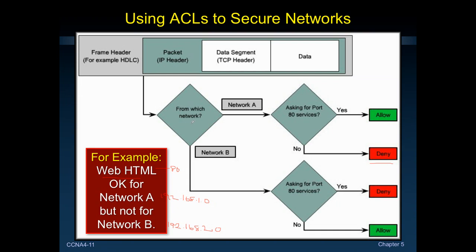On the contrary, if the network address in the packet is 192.168.2.0 and they are asking for port 80 services, they will deny it. If they are asking for services besides port 80, they will allow it.